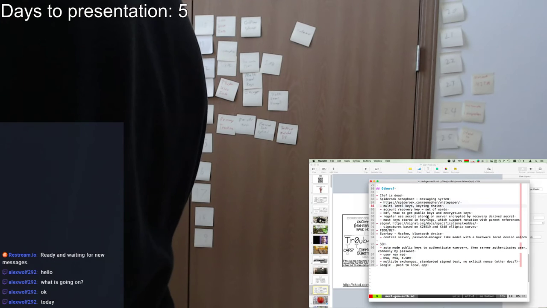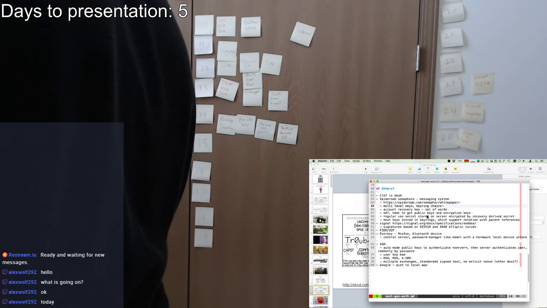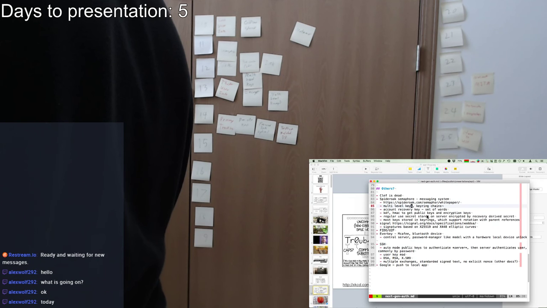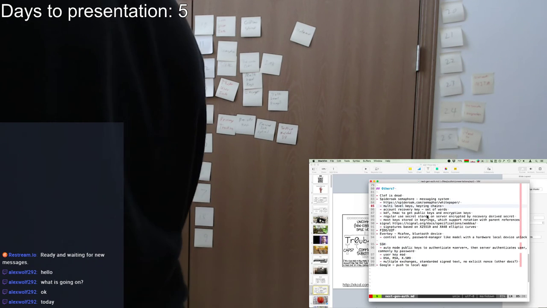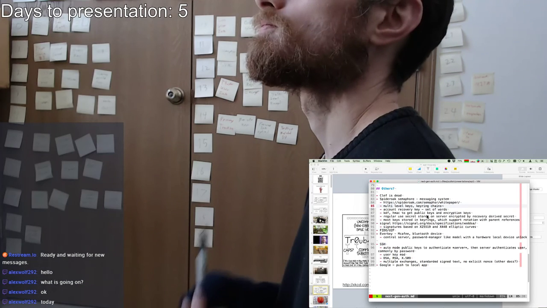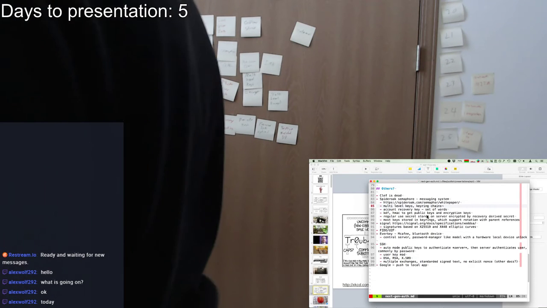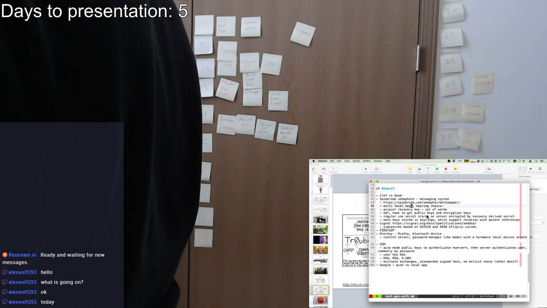Semaphore: key derivation on the phrase, HMAC to get public keys and encryption keys, some of which are regular use secrets stored on the server, and a recovery derived secret.